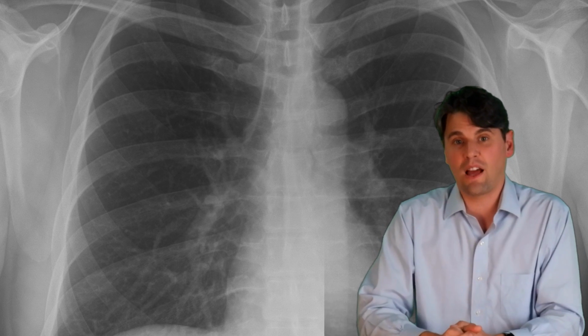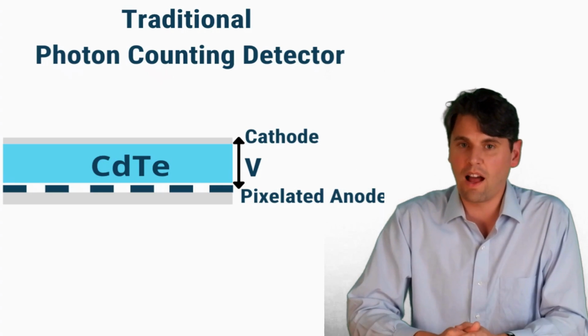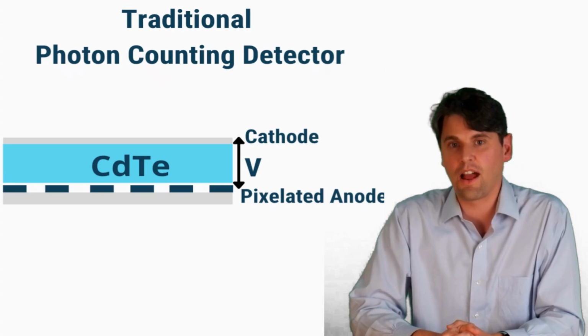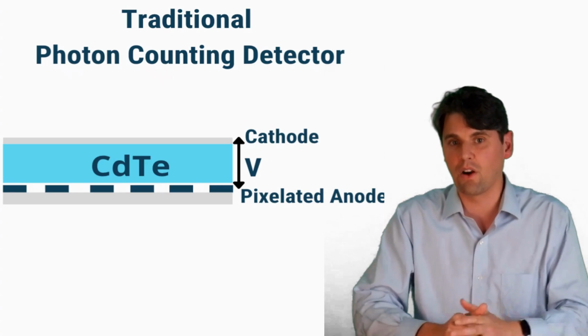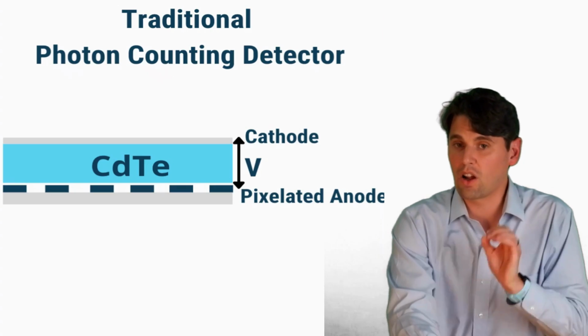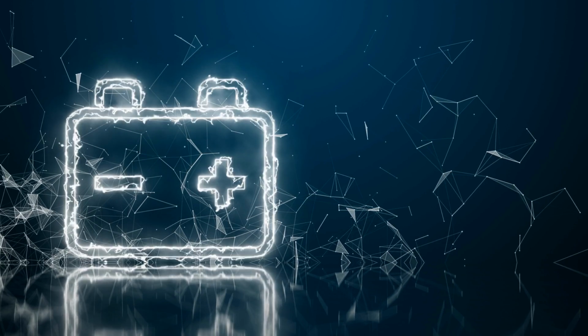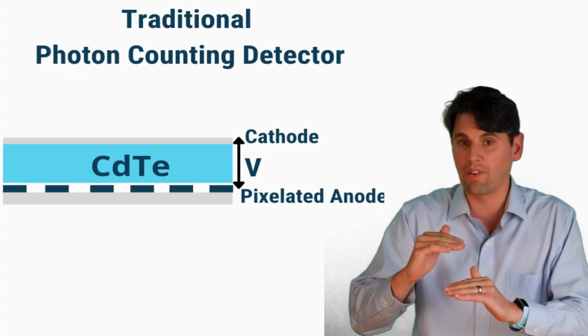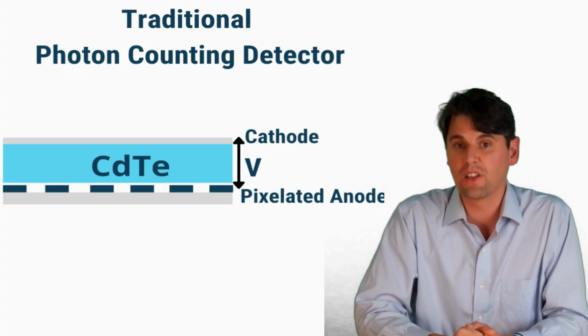Traditional photon counting detectors are made of cadmium telluride or cadmium zinc telluride. The idea here is this is a solid state material. The X-rays are going to come down and interact with this material. There's a relatively high voltage, on the order of 1,000 volts, applied from the bottom to the top of this material.